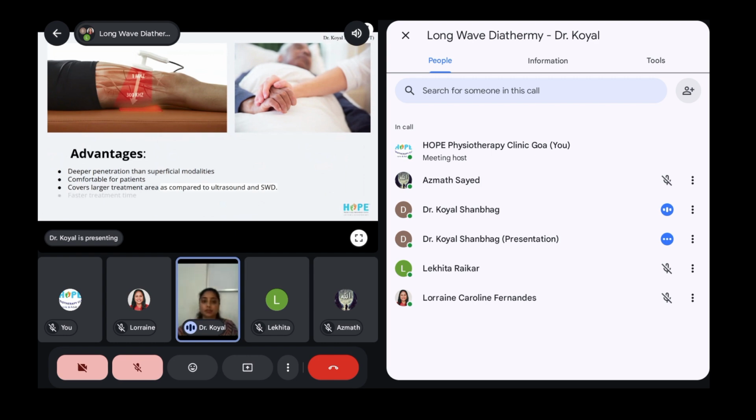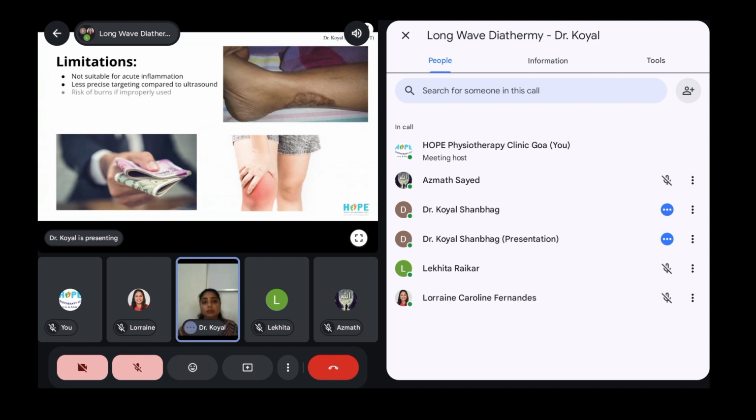What are the advantages of this machine? One is that it gives deeper penetration than any other superficial modalities. It is very comfortable for the patient, and it covers a larger area as compared to ultrasound and even SWD. It's much safer also than SWD. The limitations are it's not suitable for acute inflammation.